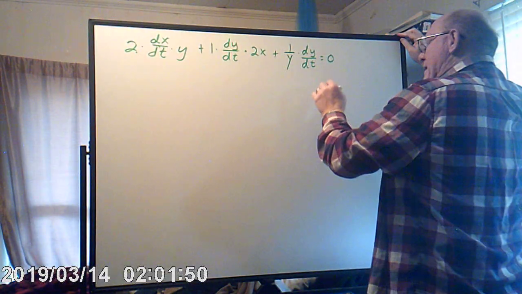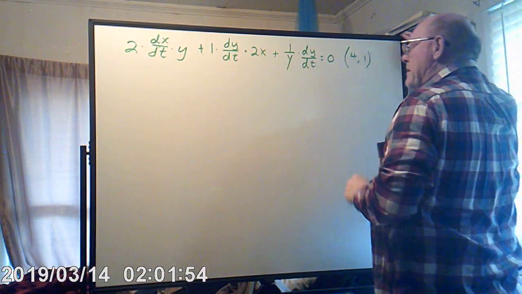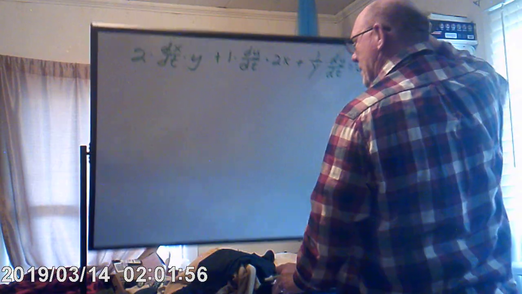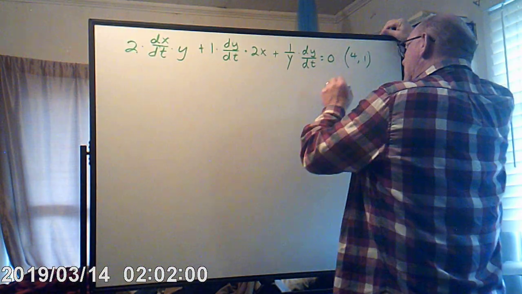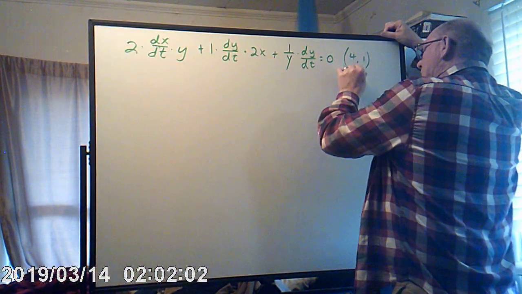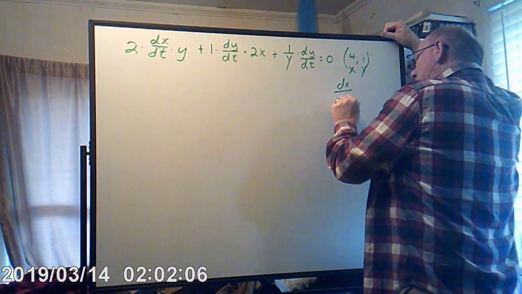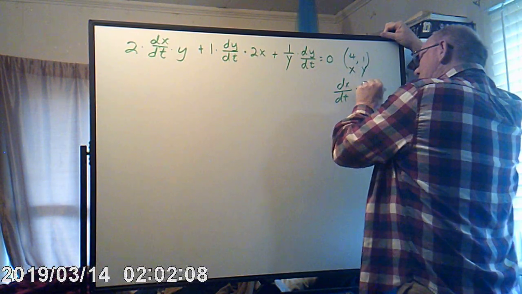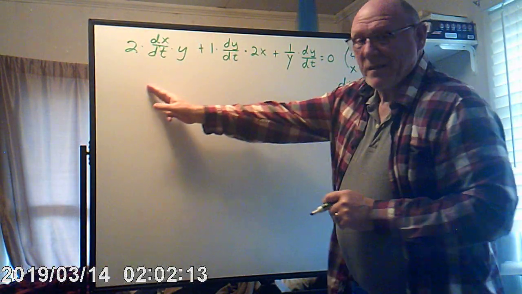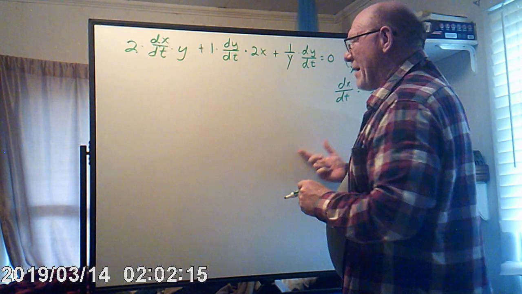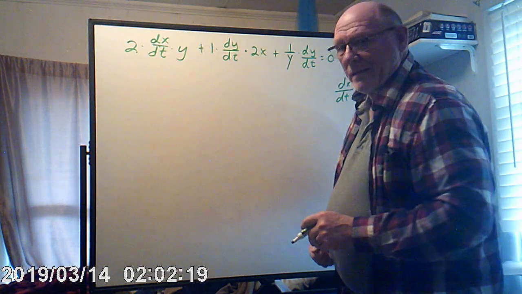And of course x and y are 4 comma 1, and dx over dt is equal to 3. All we got to do is substitute this in here. You don't have to worry about solving for dy over dt. Don't try that.